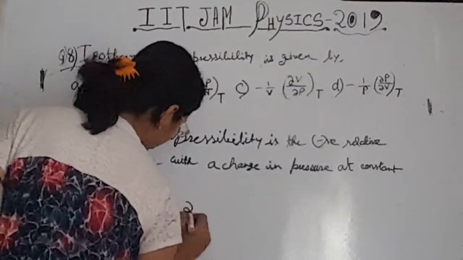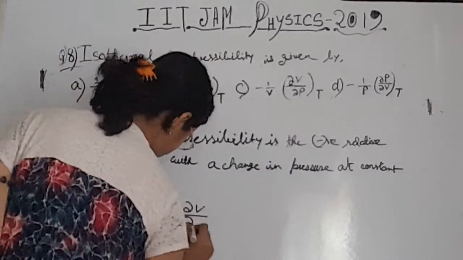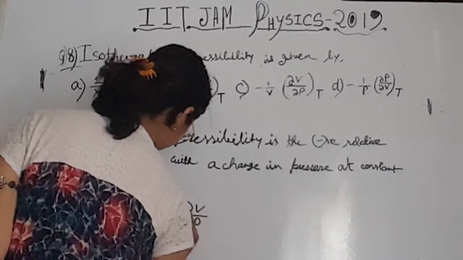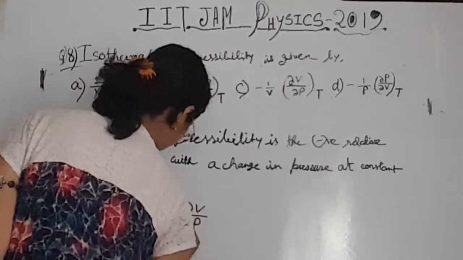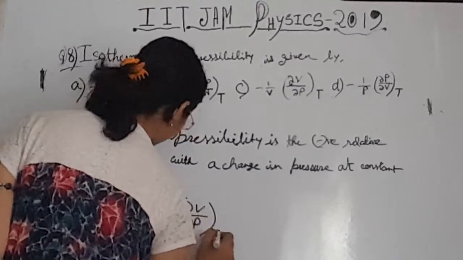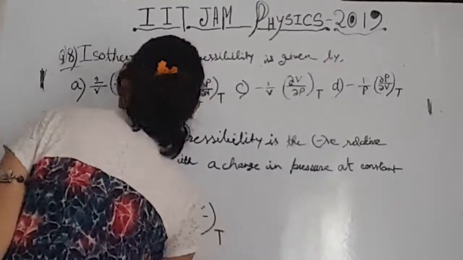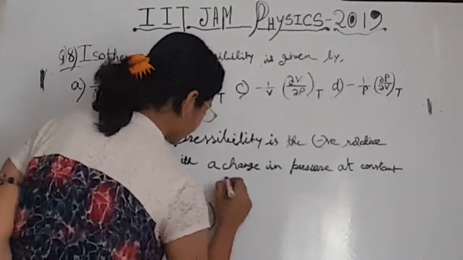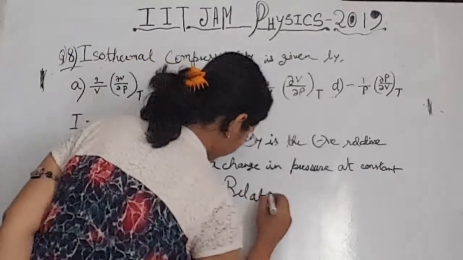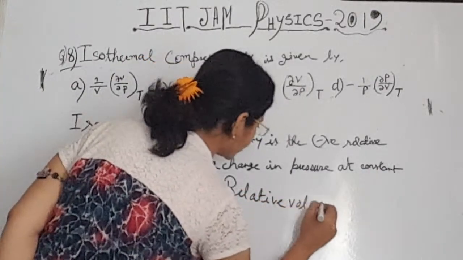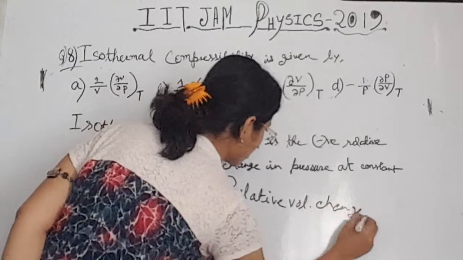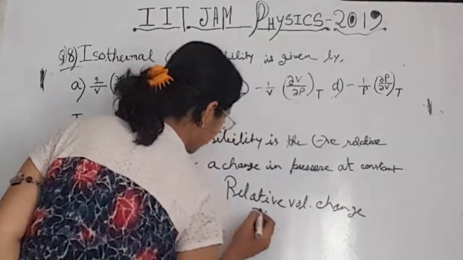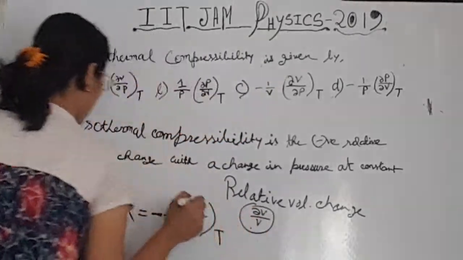So this is del V, into 1 by V, del P at constant temperature T. So K is equal to the relative volume change, which means del V by V.